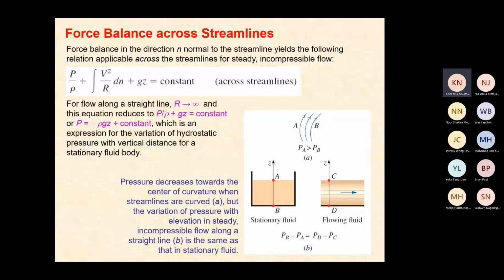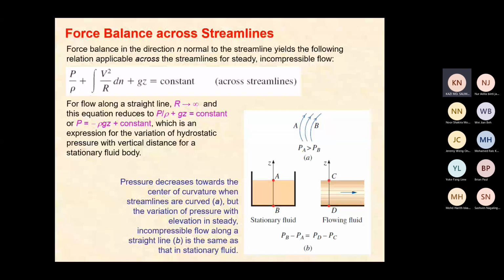So the horizontal you consider is incompressible flow. And if we consider the vertical component of the streamline, then it can be written like P by rho plus V squared by R into dN, plus gZ across the streamline.